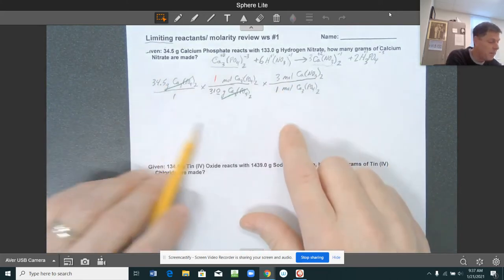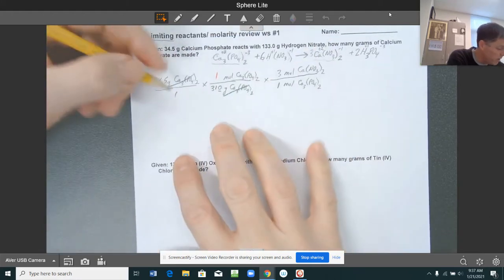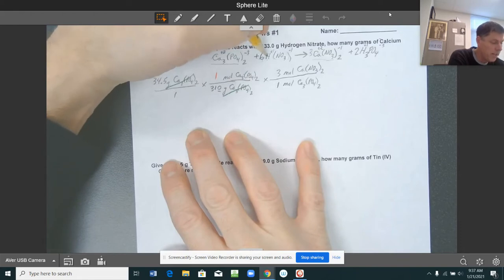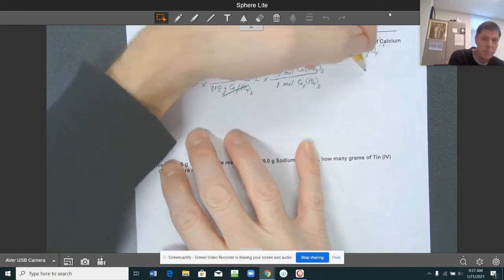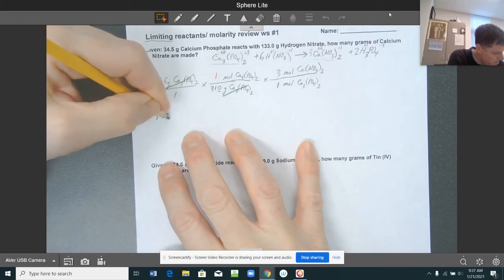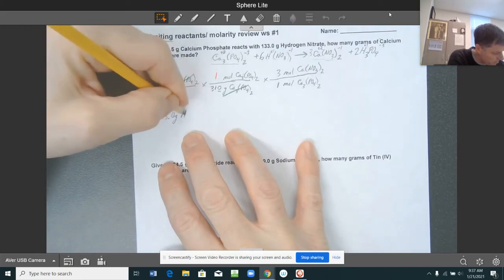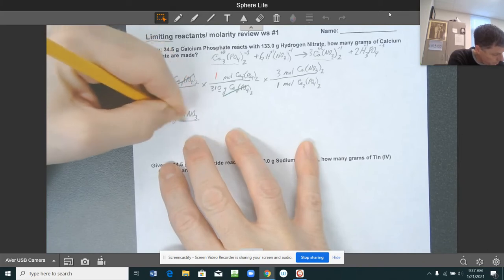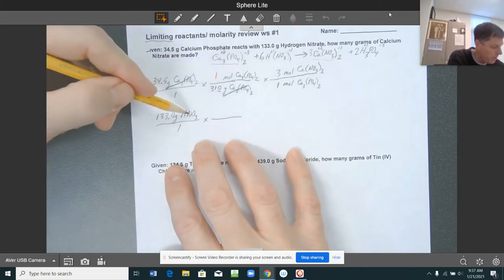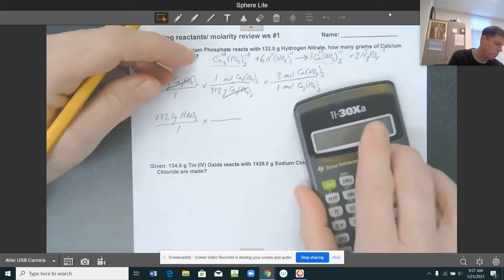If I did the same thing down here, actually, let's go ahead and do that while I'm talking about it. This time we're going from hydrogen nitrate to calcium nitrate. I'm going to finish this problem in a little while, so I'm leaving it blank. We're doing the same process. Okay, so 48 plus 14 plus 1.01.